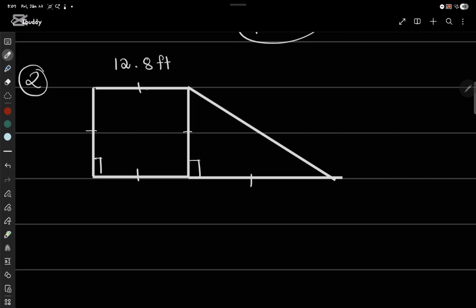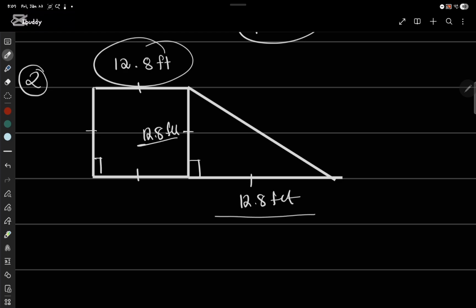All right, so we see these hatch marks here. They mean that these sides are congruent. So we have 12.8 given there. So we can say that this side here is also 12.8, and this is also 12.8, because it's a square and they have hash marks for us, right? So we have these 12.8 and 12.8 here.